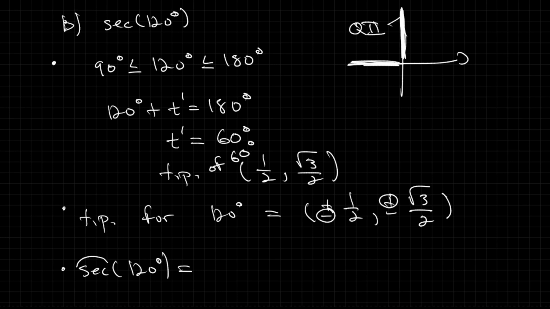So this is one of the new trigonometric functions. It's going to be similar to one of the original ones, and the secant doesn't have a co, so it's similar to the original one with a co, that is the cosine function. And the cosine function cares about the x-coordinate. So this is going to be not x, but 1 over the x-coordinate, which is 1 over negative 1/2, which is negative 2.